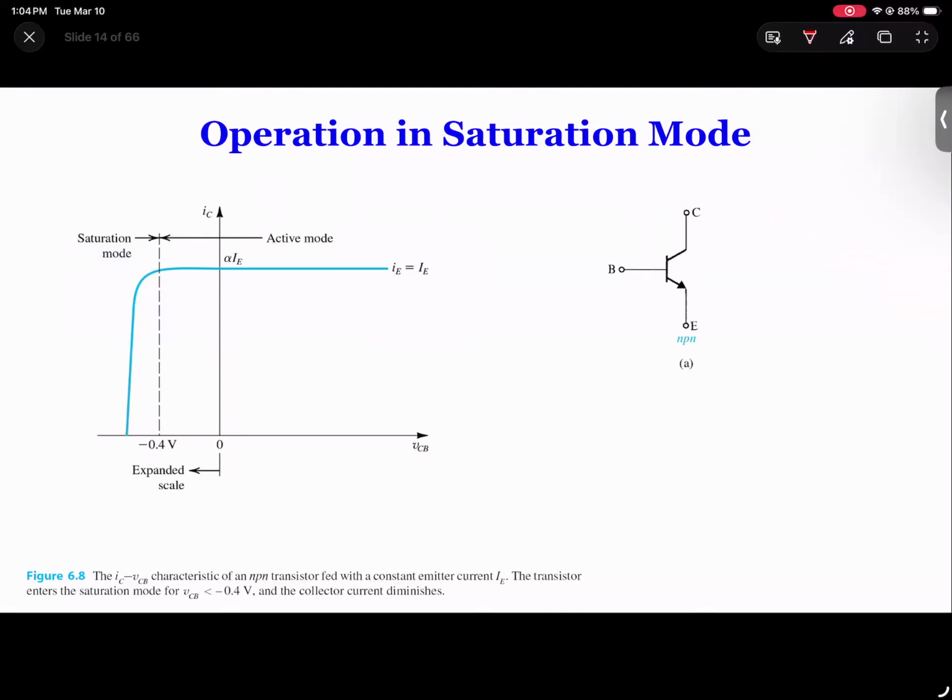So let's look at another way to represent the saturation. For the BJT, when we say VBE is less than 0.3 volts, it's in saturation mode.